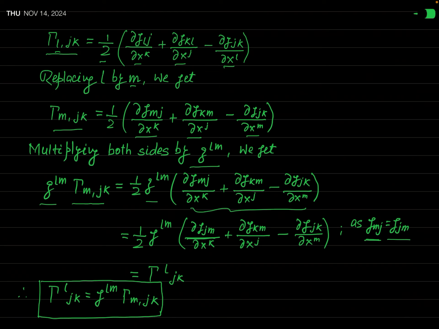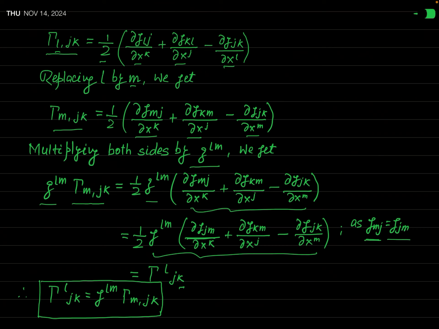Other terms are attached. But you can see the definition of the Christoffel 3-index symbol of second kind, that this expression is simply the Christoffel 3-index symbol of second kind, and this can be written as Γ^l_jk. Here l is the superscript or contravariant index, and j and k are the covariant indices.